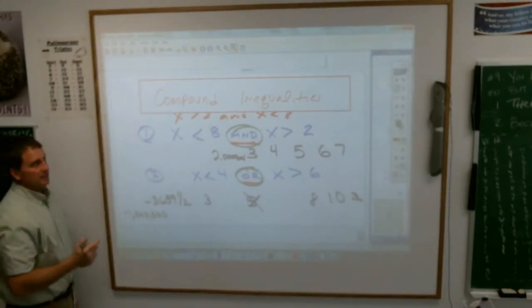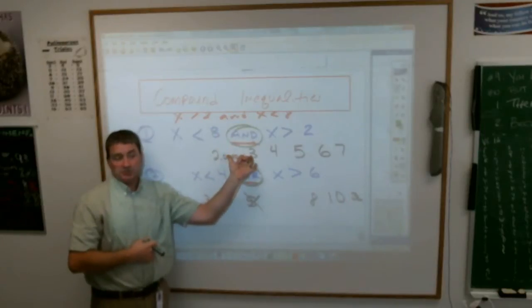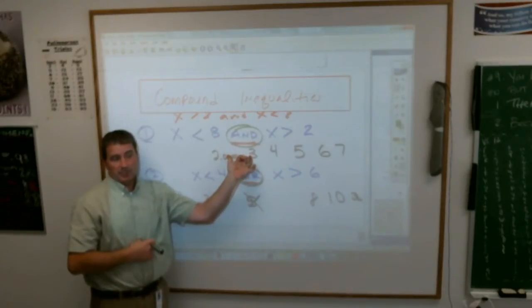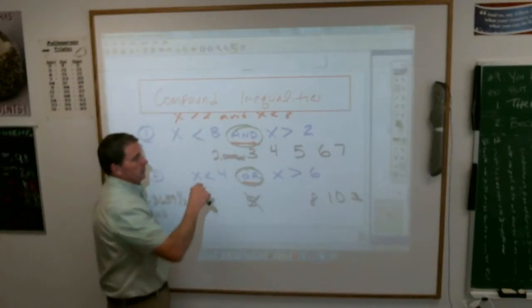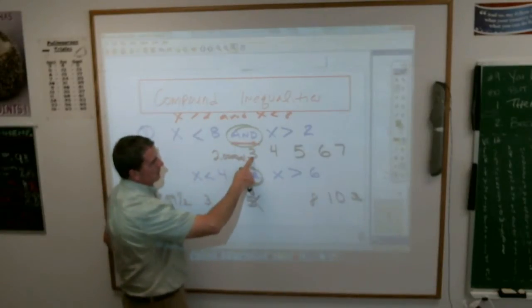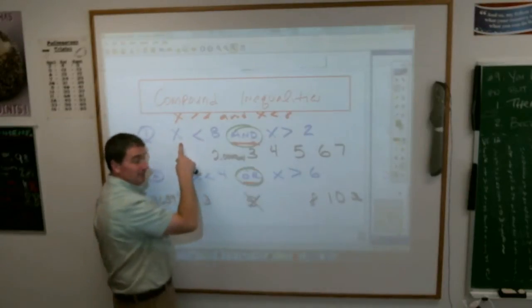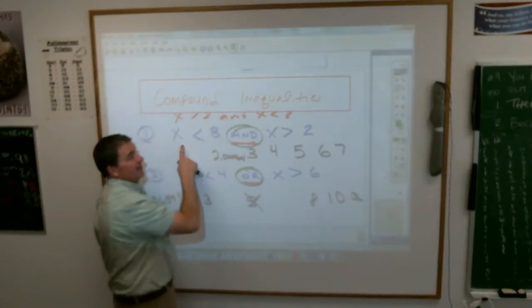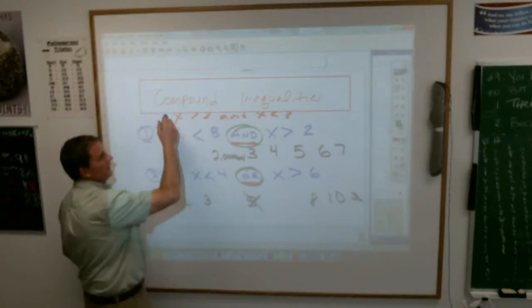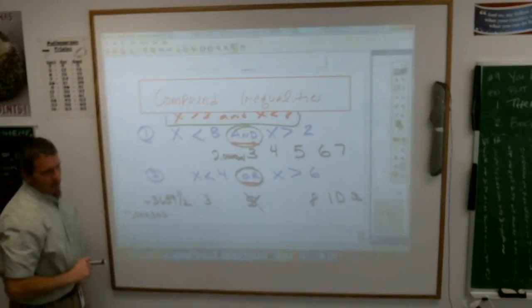For the and compound inequality, both of them have to be true for it to be a real answer. This 3 fits this one because it's greater than 2, and it fits this one because it's less than 8.